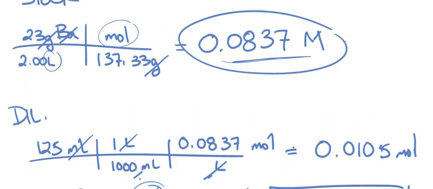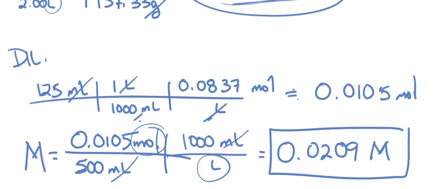My stock was a 0.08. My dilute was a 0.02. And both of these are molarities. So that's a real quick way to check and make sure that you're actually doing your work correctly. If you do calculations and you find out that your dilute concentration is higher than your stock, something's not right there.